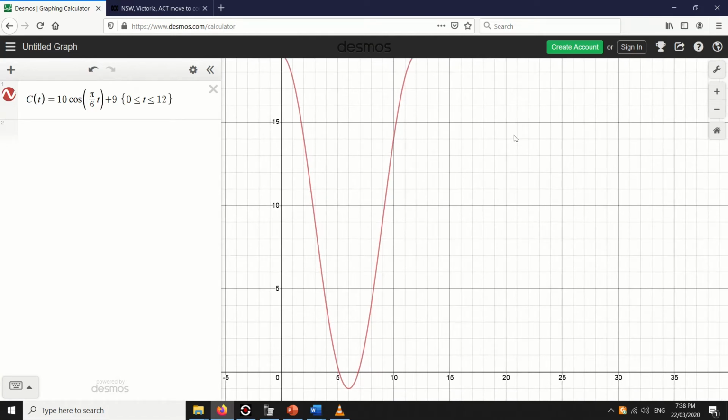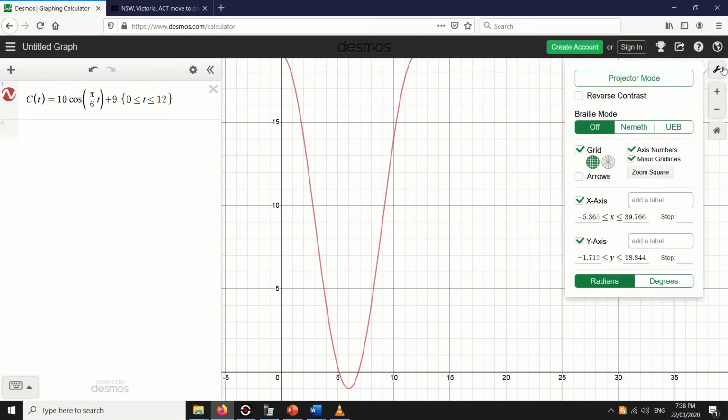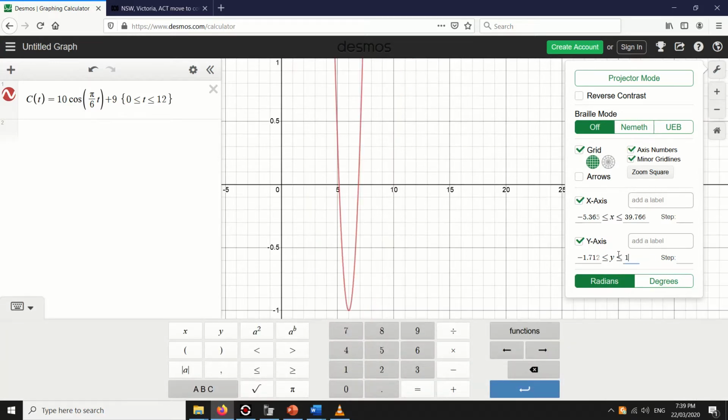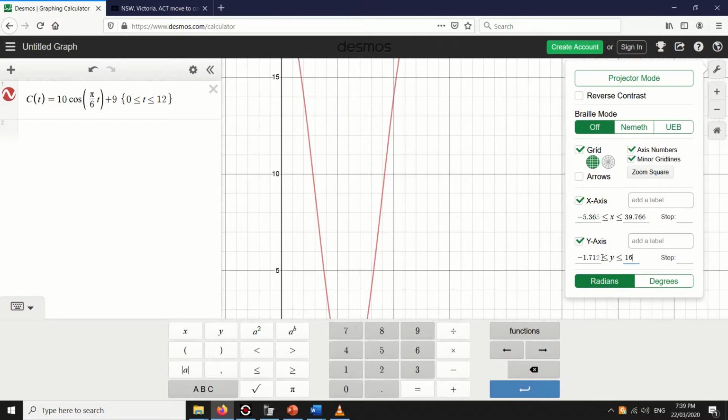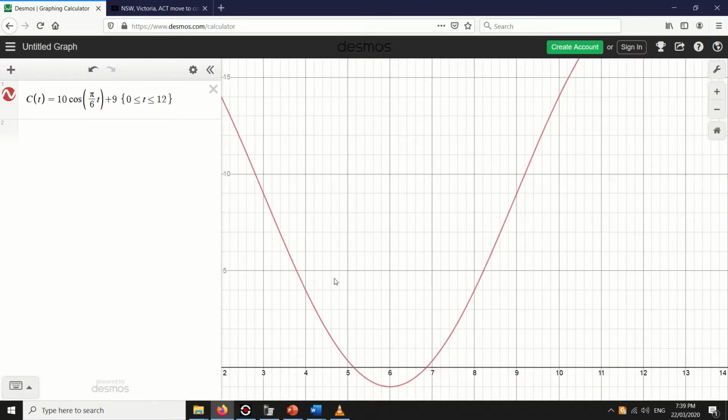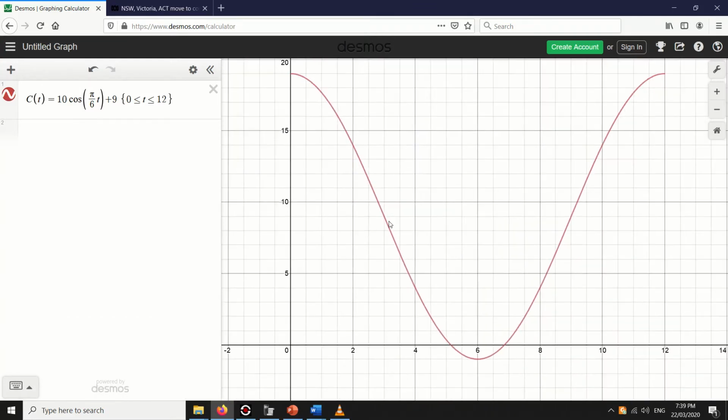Obviously we're going to do some work over in the spanner. I want the x-axis to be a little bit more than 12, and we're going to have to zoom out a bit there.